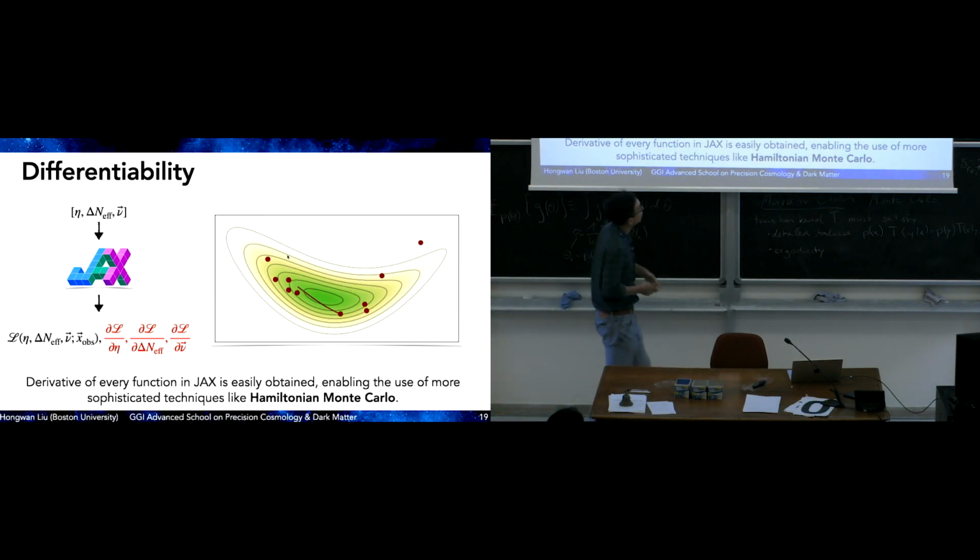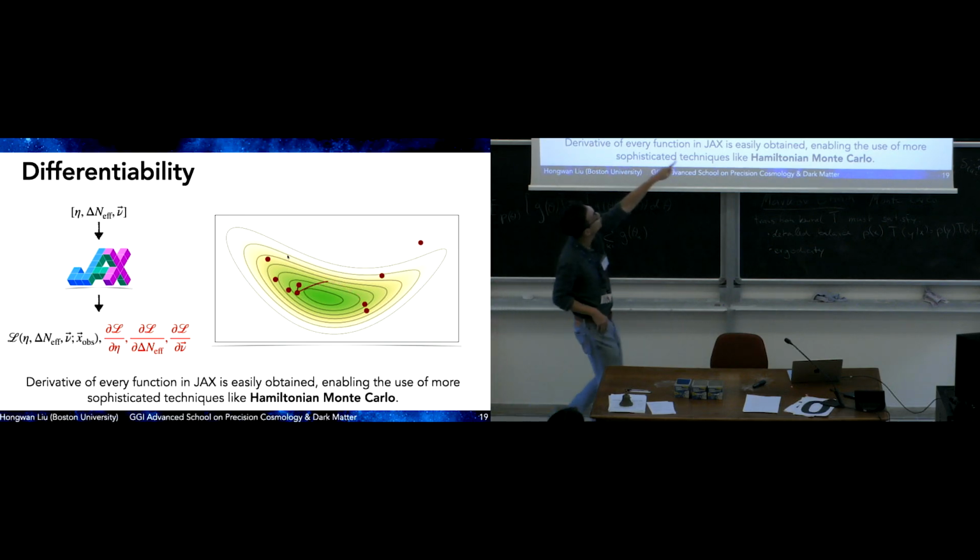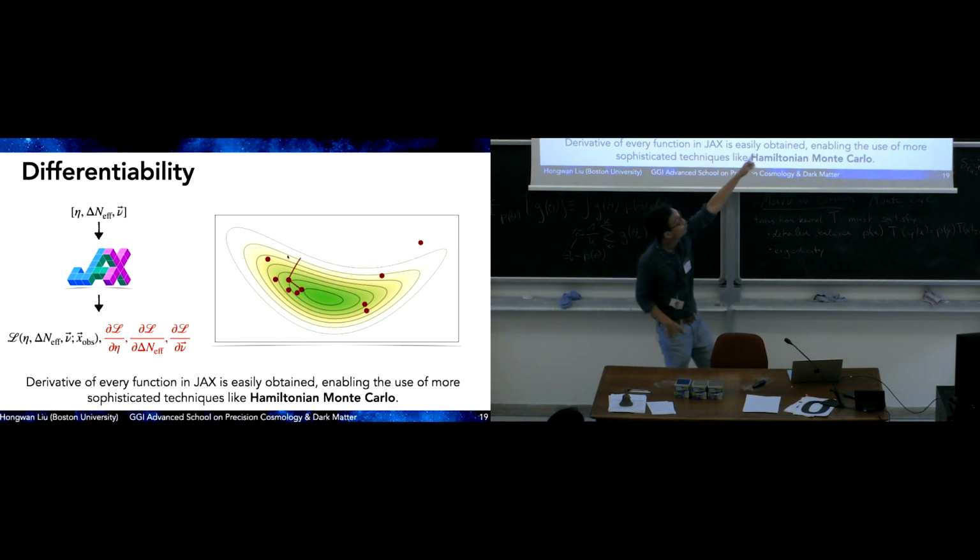posteriors. But if you have these derivatives, then you can think of the posterior space as an actual landscape, where these contours are like valleys and peaks, and you can try to construct trajectories of your walkers through these posteriors.